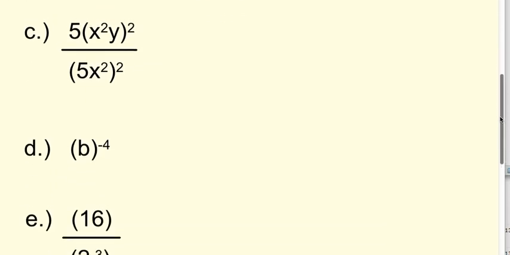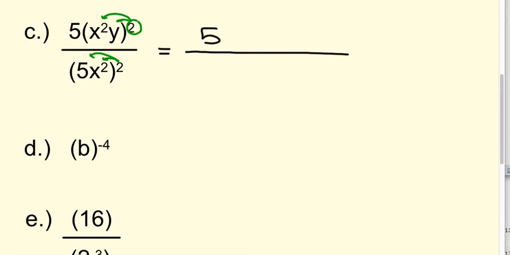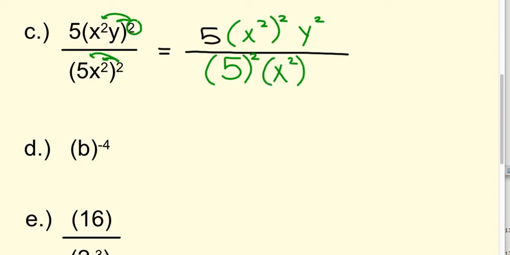Next example. I have a fraction, but I have a power to a power rule. So think about this number 2, and it has to distribute into both pieces, and this 2 has to distribute into both pieces. So I take that x squared, raise it to the second. I take that y squared, and then in the denominator, I have 5 raised to the second, and I have x squared raised to the second.